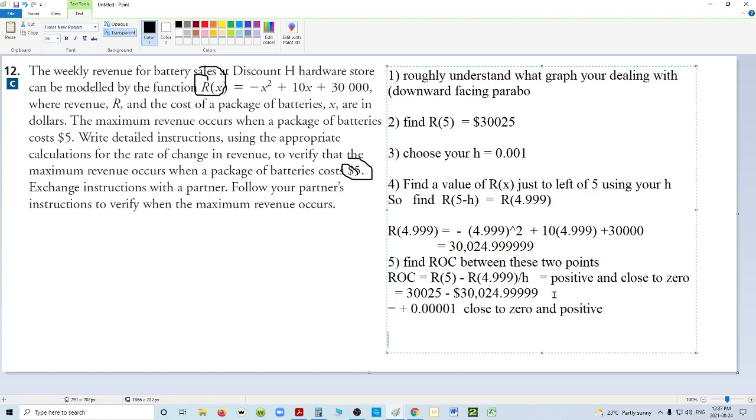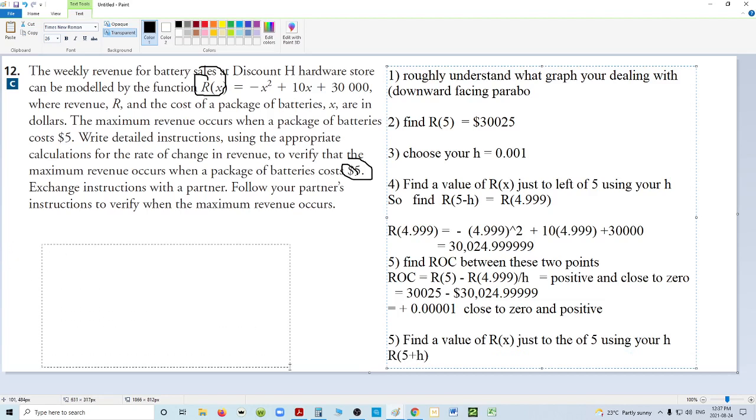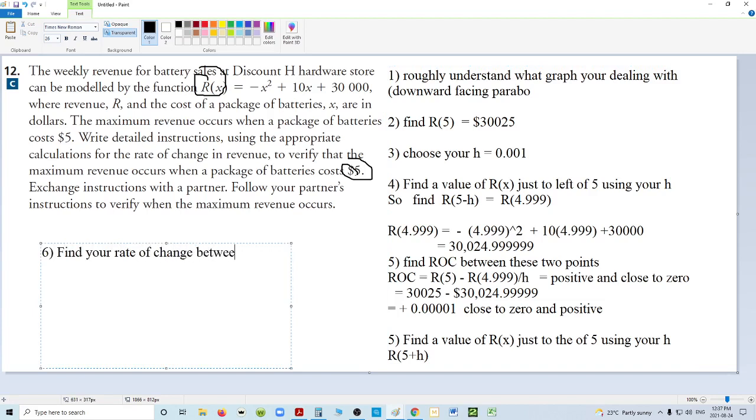Then find a value of r of x just to the right of 5 using your h. You do the same thing: find r of 5 plus h. Then finally, step 6, find your rate of change between r of 5 plus h and r of 5 divided by h, and you are hoping it is negative and close to 0.